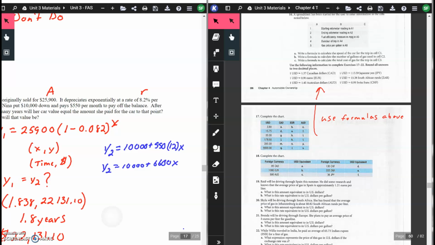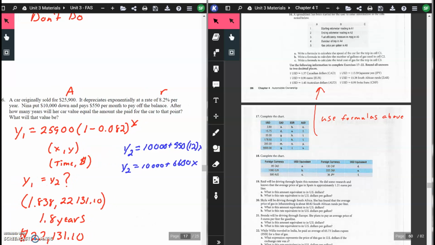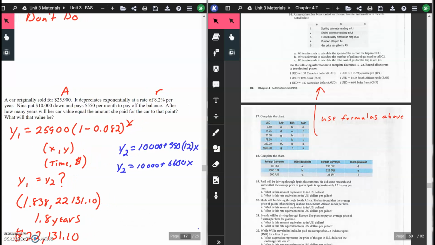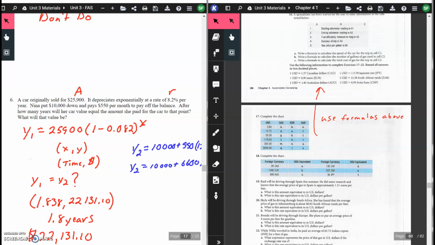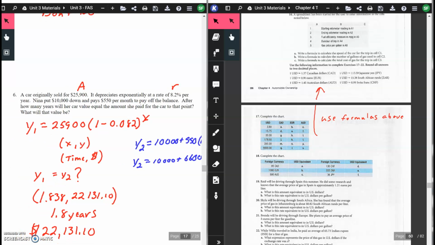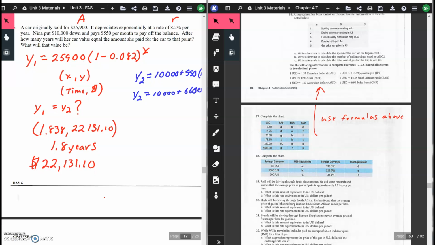Basically you're going to take those two equations and set them equal to each other. The biggest thing I want you to do is just try to come up with the two equations. So here's the y1 equation up at the top, and in the blue, there's your y2 equation. That's really all I wanted you to get from question number 6. And that is it for section 4.6.